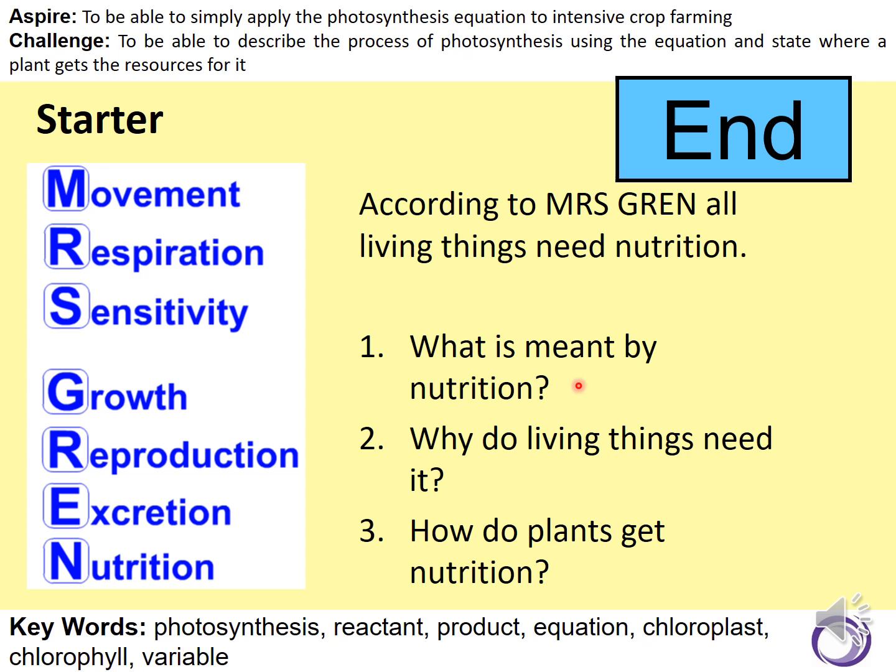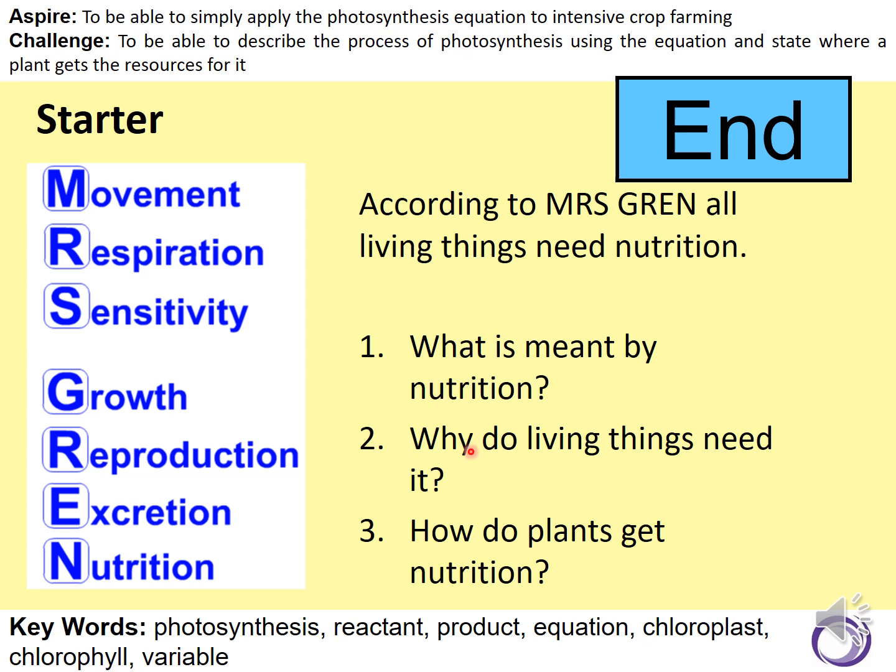First of all, nutrition is a process by which living organisms provide or obtain food. And that particular process of nutrition usually involves the use of energy, which is provided through respiration. So that process of nutrition doesn't come without structures that are involved in ensuring it takes place. Why do living things need it?